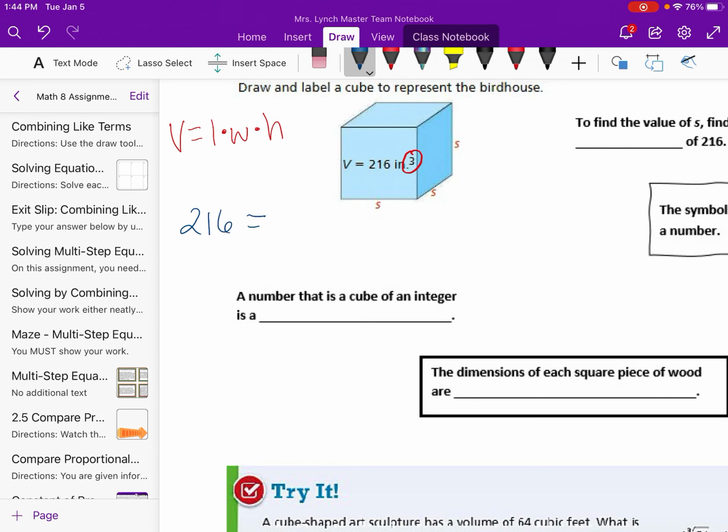And instead of length times width times height, since they're all S's, do you see where they're labeled on the picture? We're just going to say it's side times side times side. Still the same thing. Well, when you have 3 of the same thing being multiplied, we can write that as what's called S cubed because there were 3 S's.